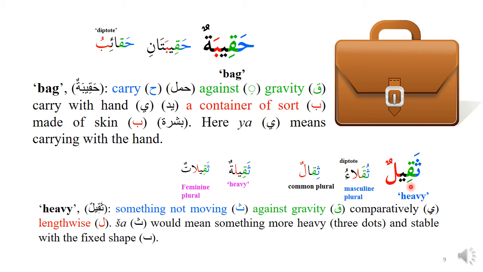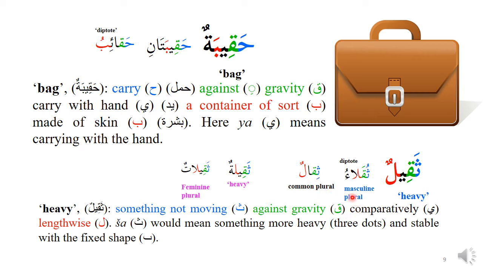Sakilun means heavy. Now you see, it's sakilun. This is an adjective, right? So an adjective has both masculine plural and feminine plural. Sukala would mean masculine plural, and sikalun is the common plural, so it can be used for both.